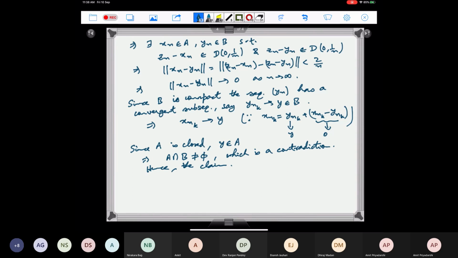So let eta greater than 0 be such that A plus D0 eta and B plus D0 eta are disjoint. Then we will apply the previous theorem.